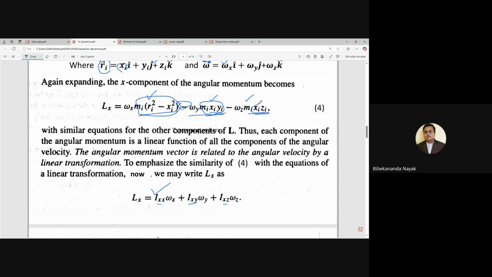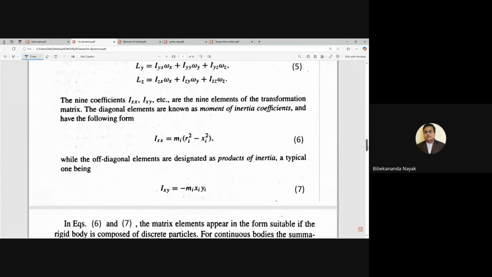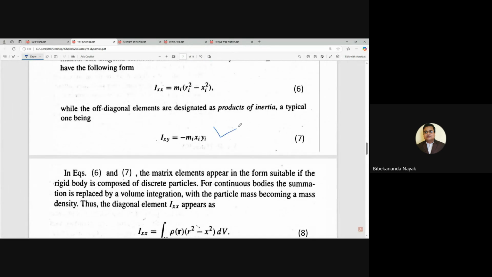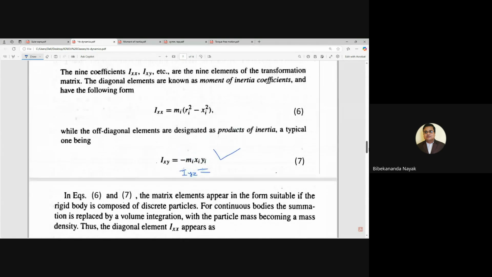Similarly, the xz term is minus mi xi zi. Okay. Clear? Suppose the yz term, what will the Iyz term be? Hello, tell me. Minus mi yi zi. Minus mi yz. This is the component.